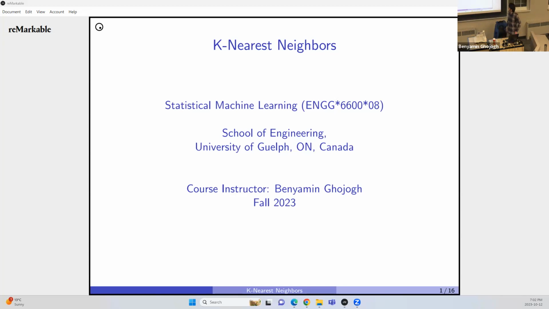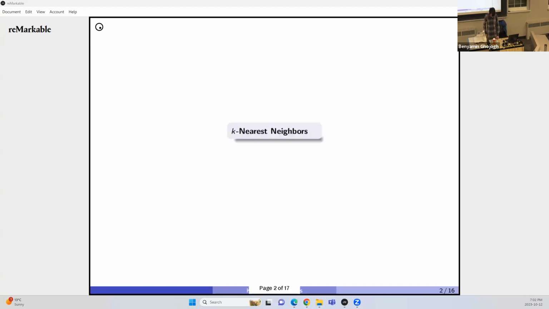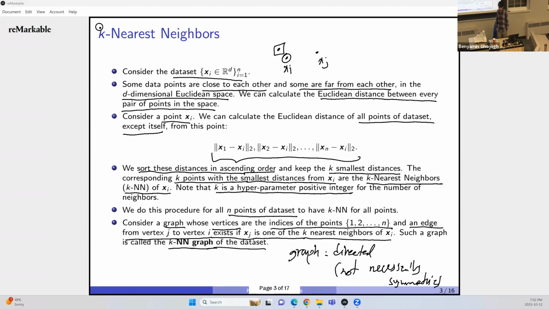Last time we talked about k-nearest neighbors until the middle. So let me recap what we talked about. First we talked about k-nearest neighbors in general. We said we have a data set of n data points, each of which is d-dimensional, and then we can calculate the pairwise Euclidean distances, or any kind of distance, between them.